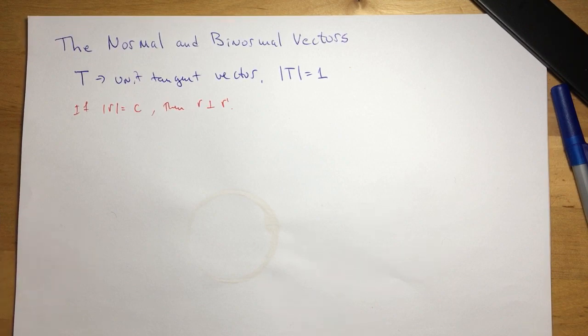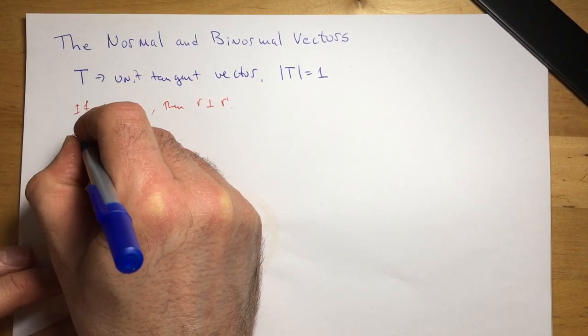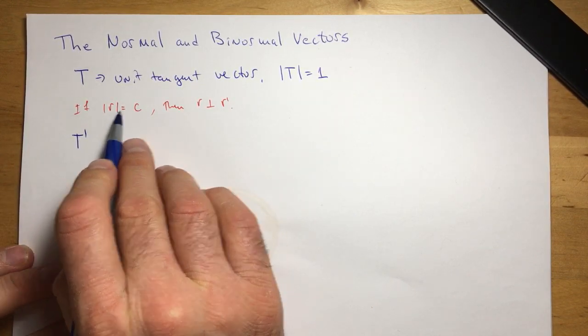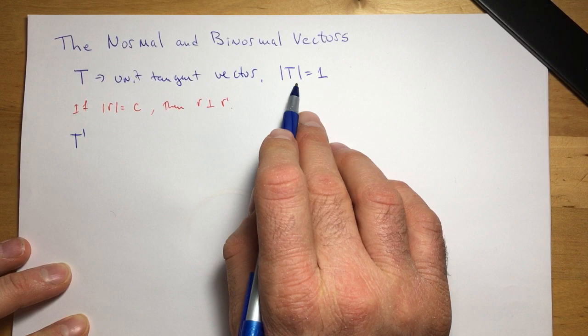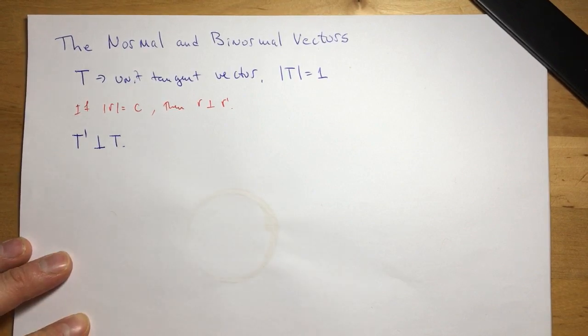Now, T is a unit tangent vector, and in 3D it has infinitely many vectors orthogonal to it. But we are interested in T prime, because by what is written here and by the fact that the magnitude of T is 1, that means that T prime is orthogonal to T, okay?